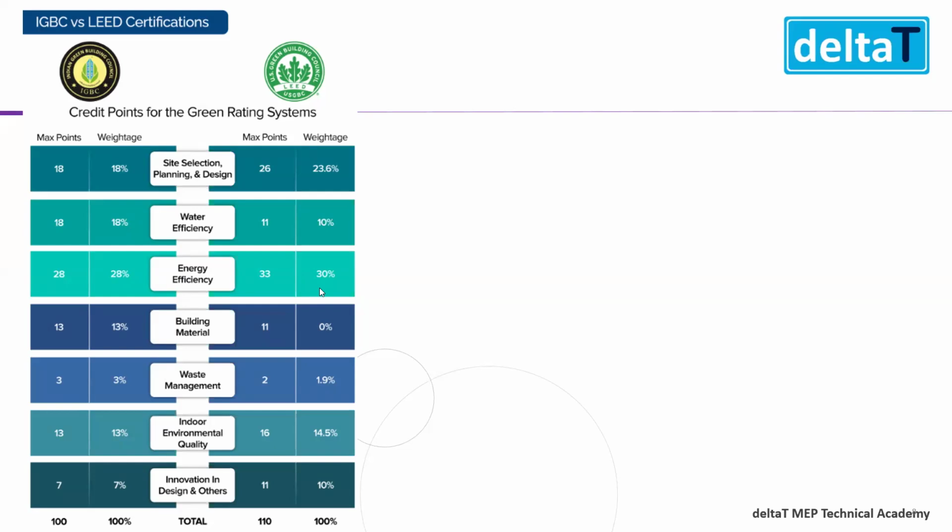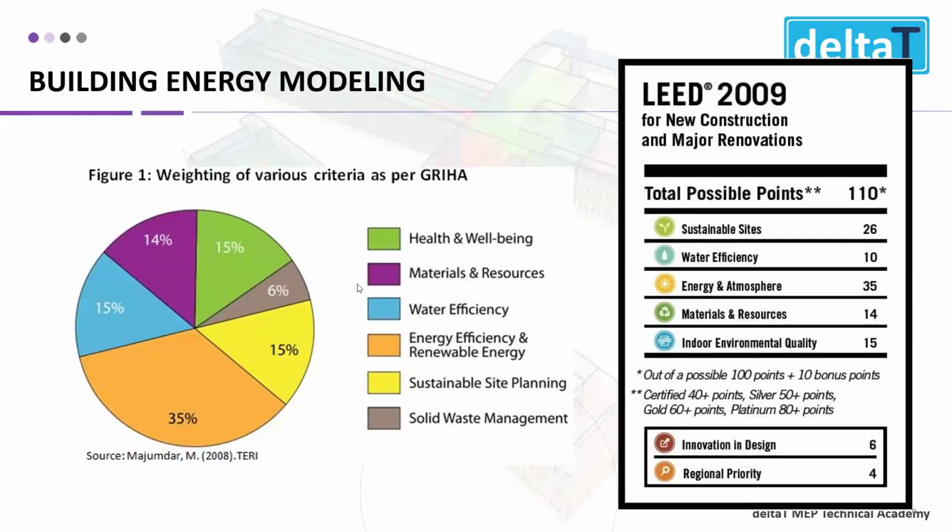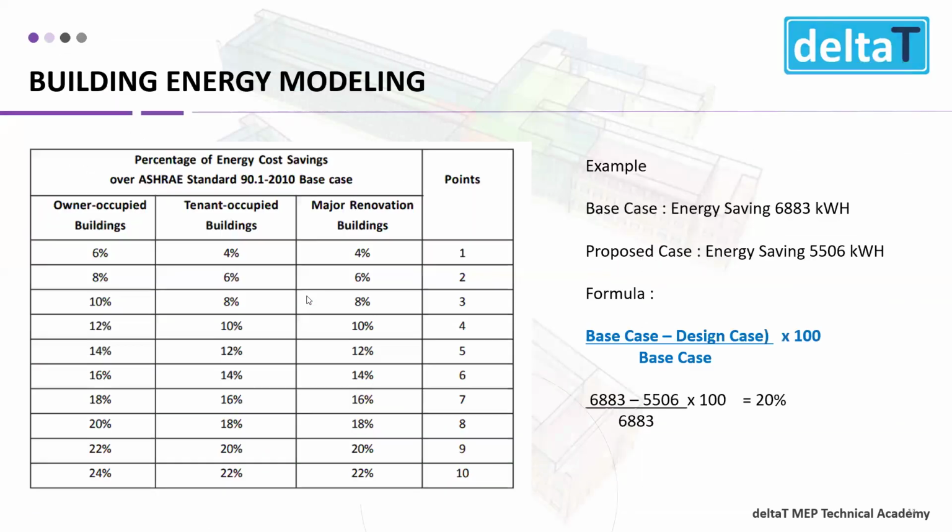For this, we have this table. See here, we have base case and proposed case. Now, what are base case and proposed case? Base case means we design as per some standards, known as ASHRAE standards, the American Society of Heating, Refrigeration and Air Conditioning Engineers.